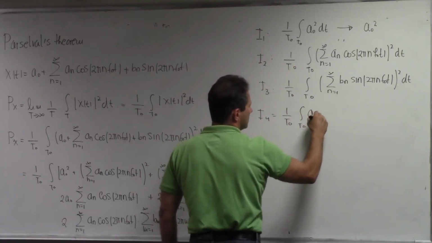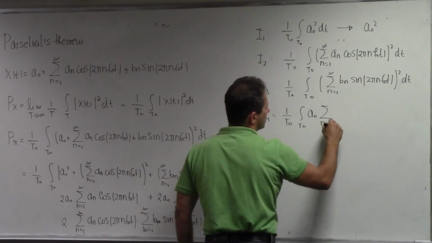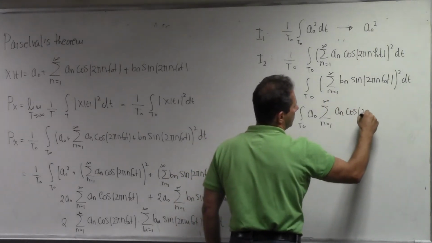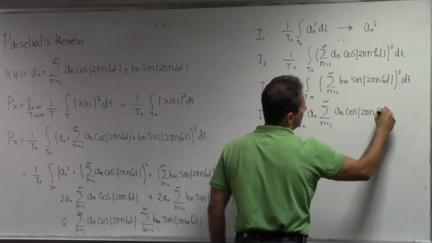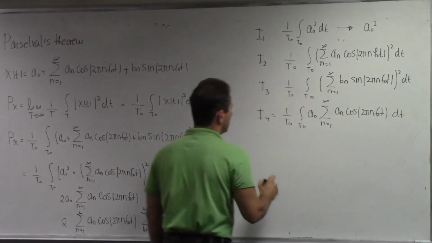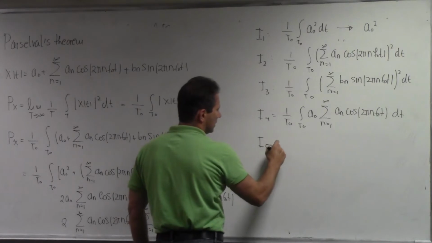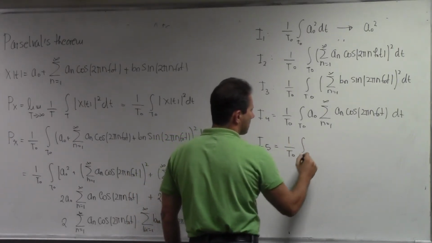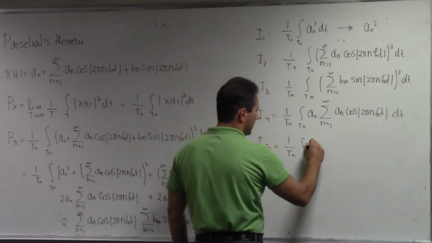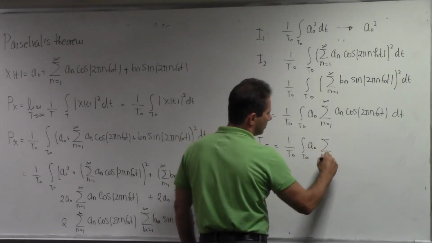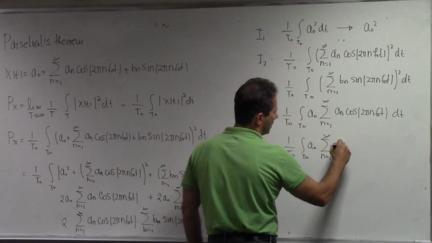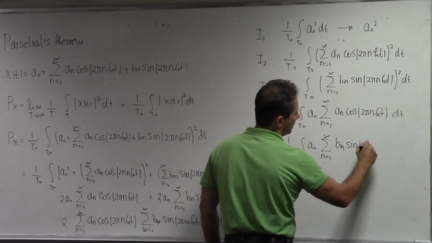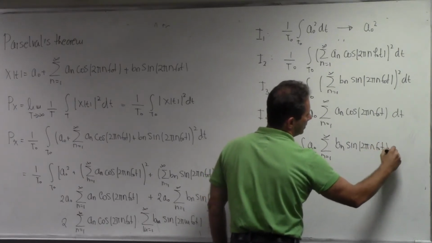Then I can put a0 sum when n goes from 1 to infinity, an cosine 2 pi n f0t dt. I5 is going to be 1 over T0, integral over T0, a0 sum when n goes from 1 to infinity, bn sine of 2 pi n f0t dt.